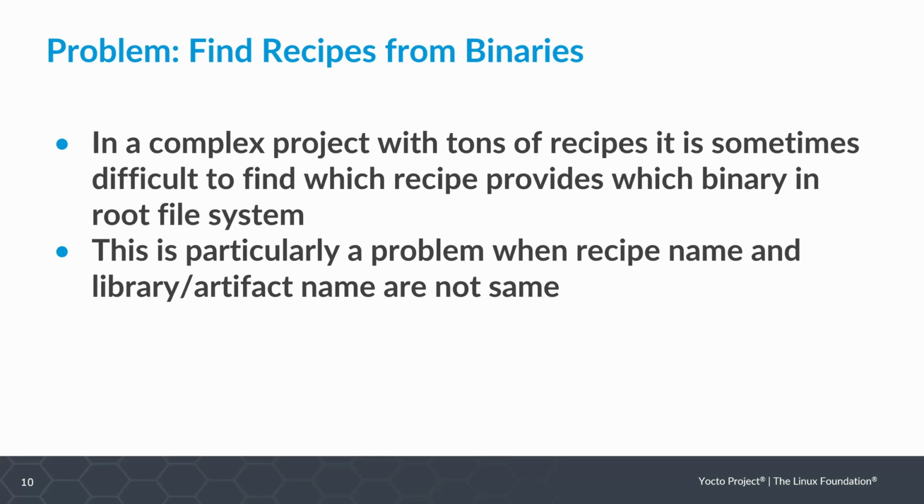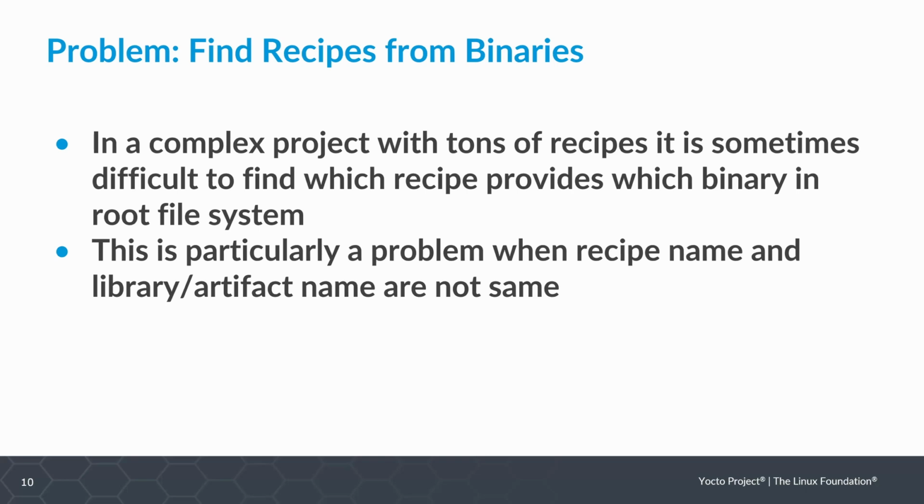I think part of this problem is how to find what recipe provides a particular binary. Sergio, one of the earlier speakers, covered this topic partially, but I just want to continue in terms of how we use it when there is this binary problem.